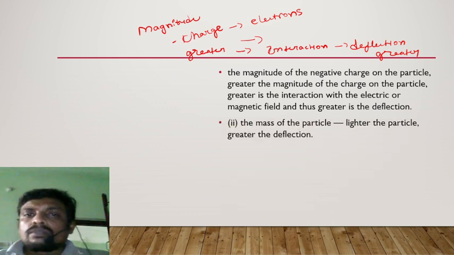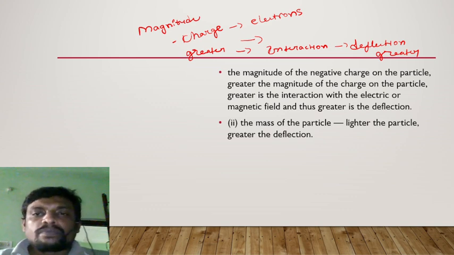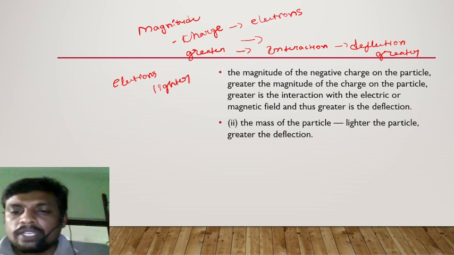Finally, the mass of the particle: the lighter the particle, the greater the deflection, which means if the mass of a particle like an electron is lighter, then the deflection will be more.